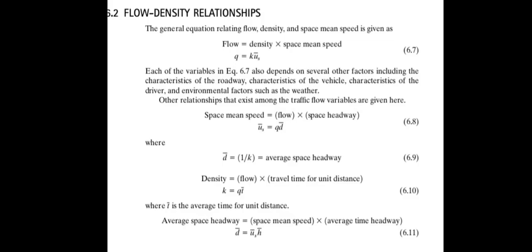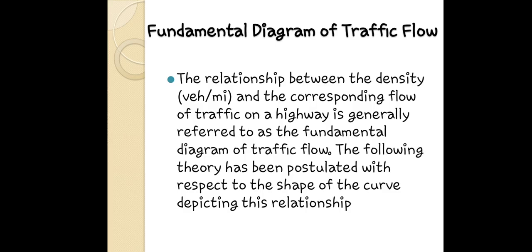Flow density relationships. The general equation relating flow, density, and space mean speed is given as flow equals density times space mean speed. You can just read it. Fundamental diagram of traffic flow.